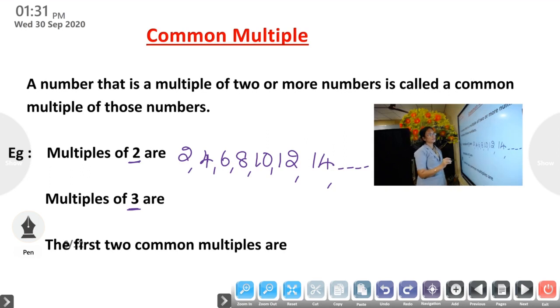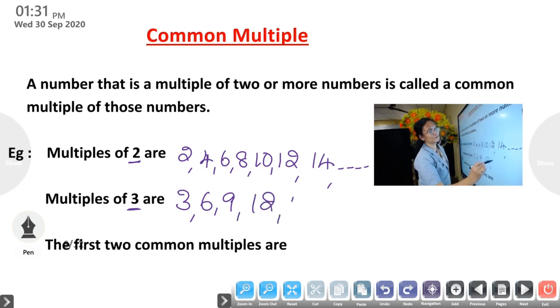Okay. Then multiples of 3 are 3, 6, 9, 12, 15, etc. Right from the multiplication table, you can write this. Multiples of 2: 2, 4, 6, 8, 10, 12, 14.